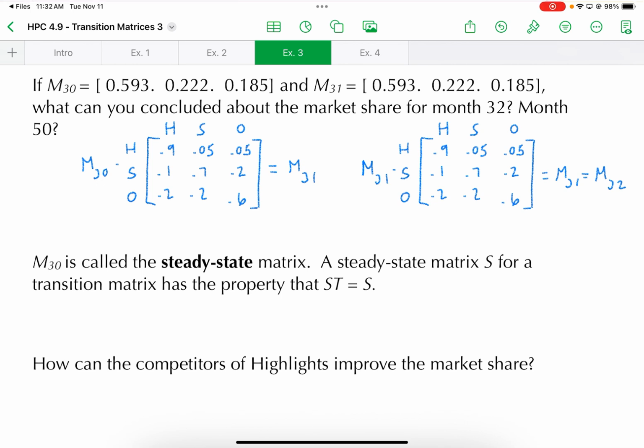And what we're noticing, if you look at the values for M30, 0.593, 0.222, 0.185, Highlight is represented by that first number, right? They've got the market cornered. They have over 50%, almost 60% of the market at this point. And they're going to continue to hold that much of the market unless their competitors change their strategy and do something to shake the market up, right?